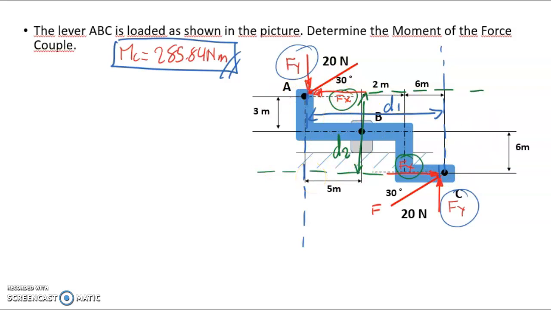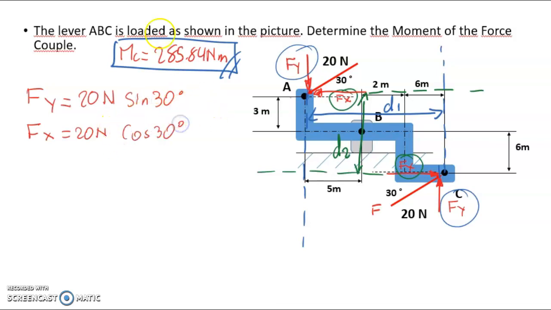So let's go and find the magnitude of force Y and force X. Force Y and force X are going to be equal to 20 newtons times, for the force Y, since the angle is about the X, sine of 30 degrees. And for X, we're going to have cosine of 30 degrees.